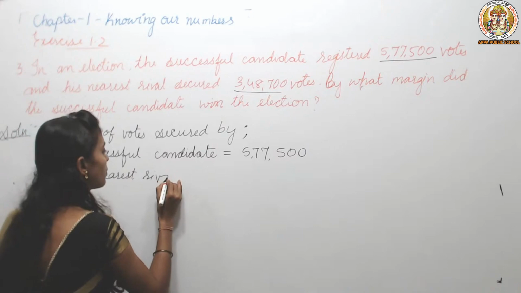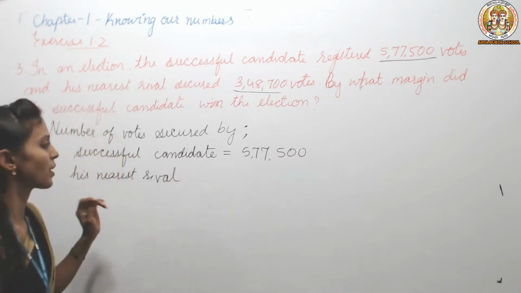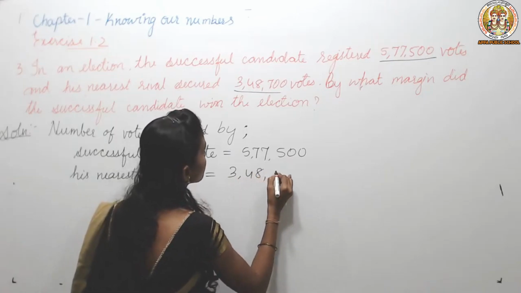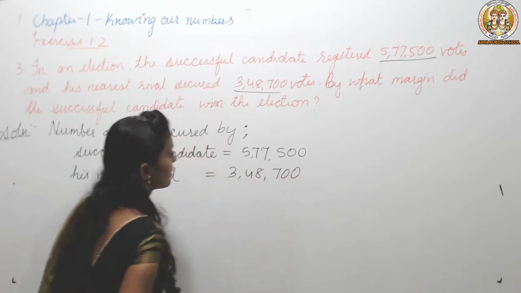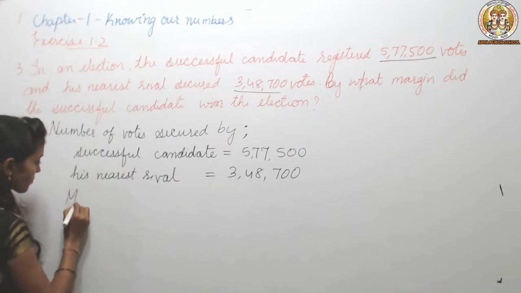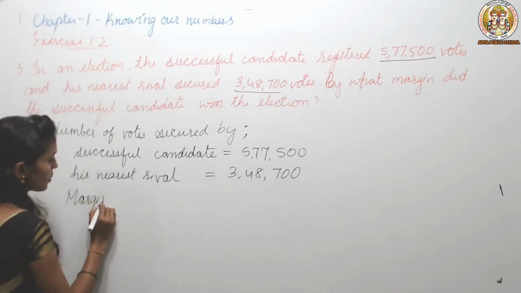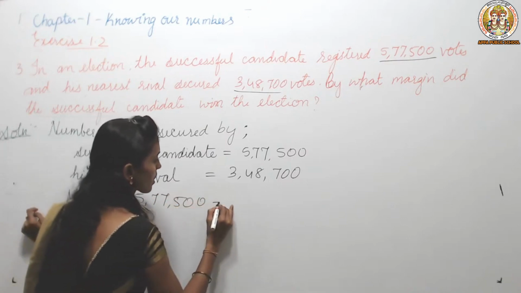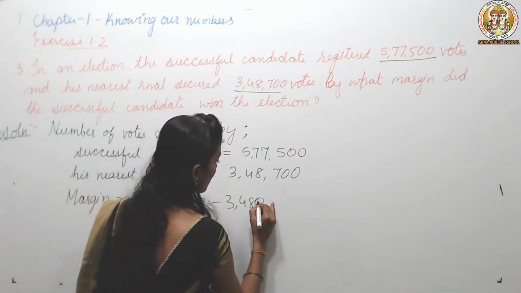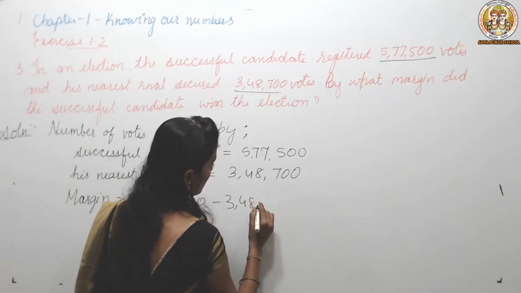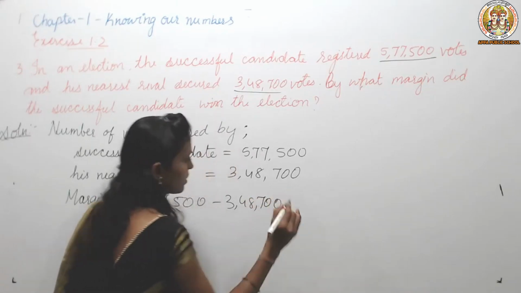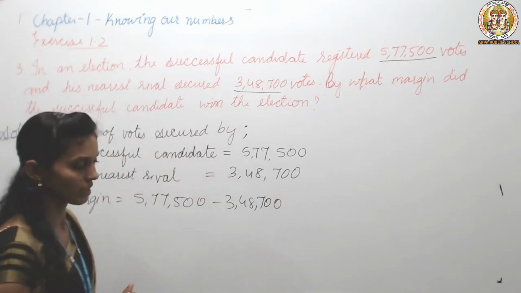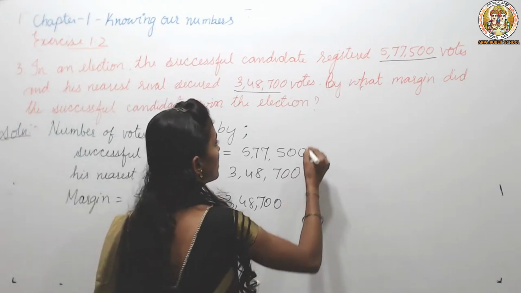The number of votes secured by his nearest rival is 3,48,700. Then the margin, to find the margin, you have to find the difference between these two. Find out the difference. The difference I'll do on this side.